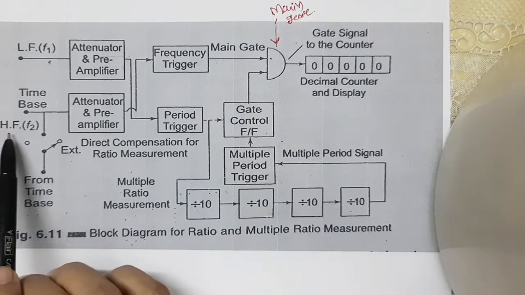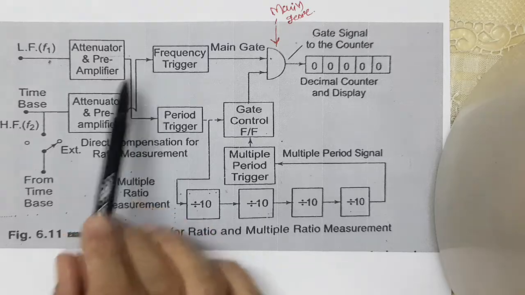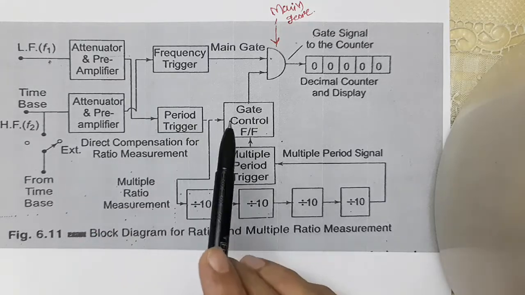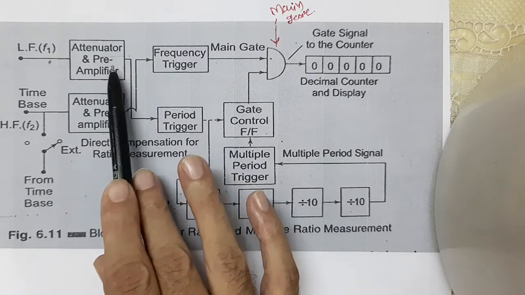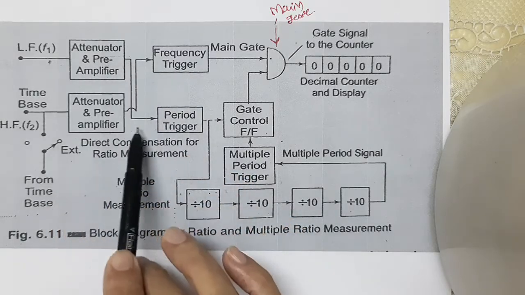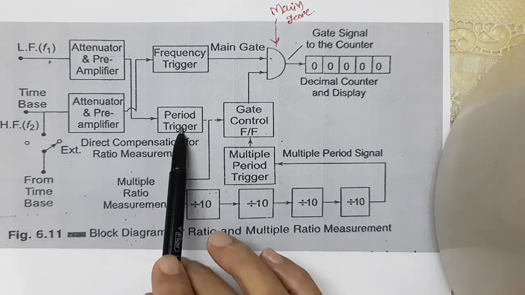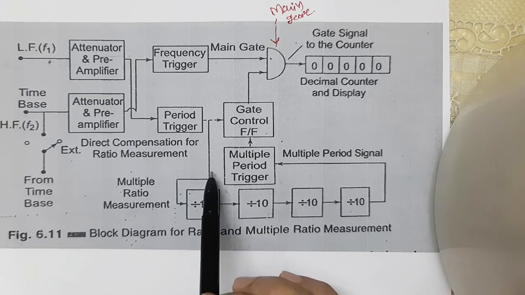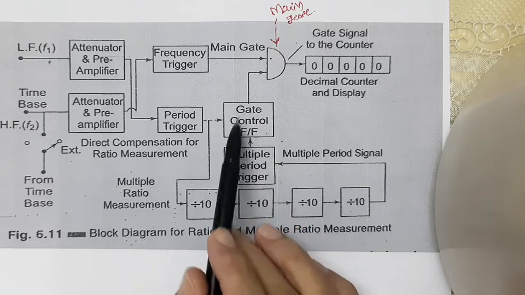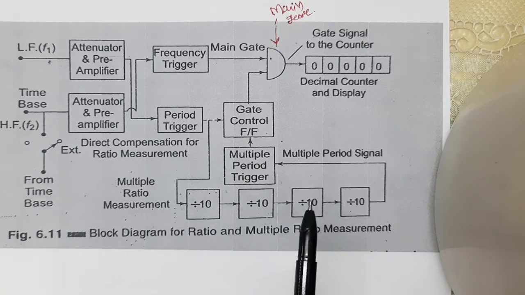The high frequency is the counted signal through the different control gate or frequency trigger, or this output of this attenuator given to the period trigger. Through this it triggers the gate control, and again here the multiple ratio measurement through the gate control is also triggered.